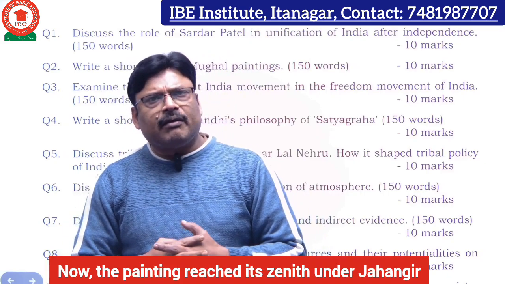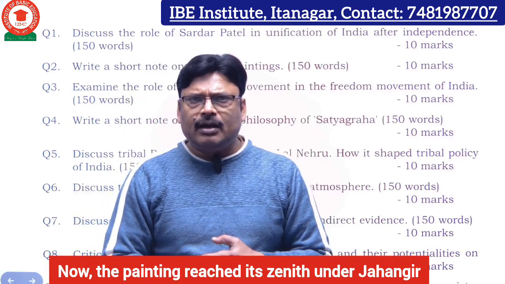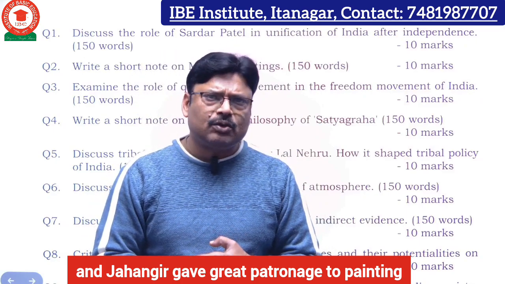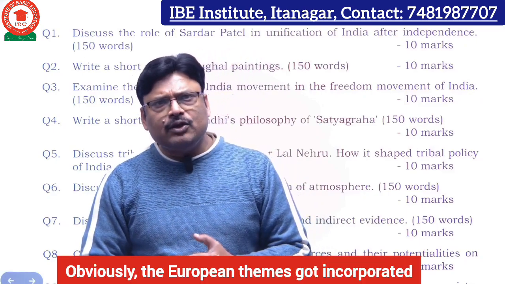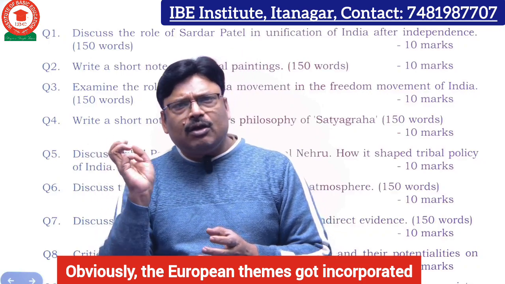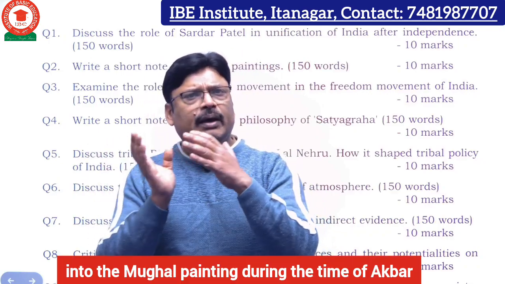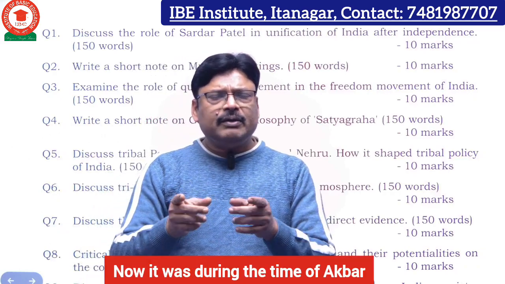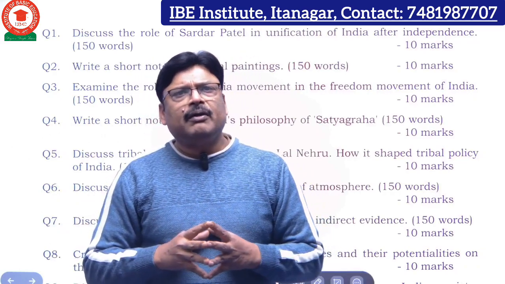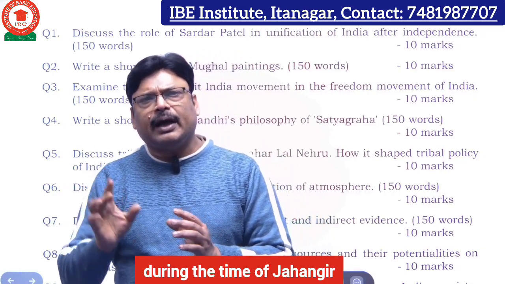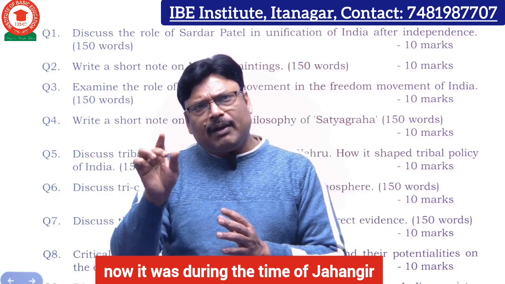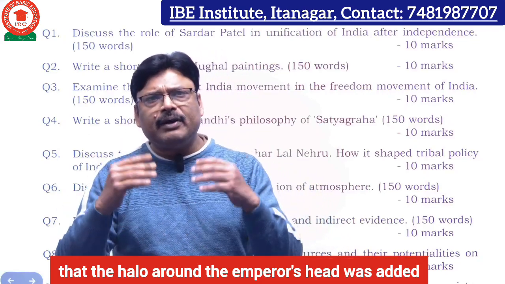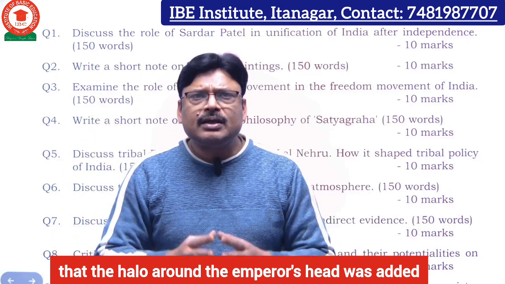Now, painting reached its zenith under Jahangir, and Jahangir gave great patronage to painting. Obviously, European themes got incorporated into Mughal painting during the time of Akbar. It was during the time of Jahangir that the halo around the emperor's head was added.